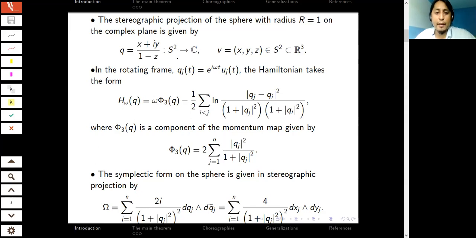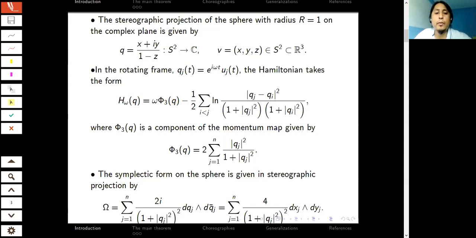The first thing I'm going to do before anything else, I'm going to do both in the same step. I'm going to change to rotating coordinates. Why? Because I want to look at the relative periodic solutions arising from relative equilibria. A relative equilibrium in the correct rotating frame is just an equilibrium.